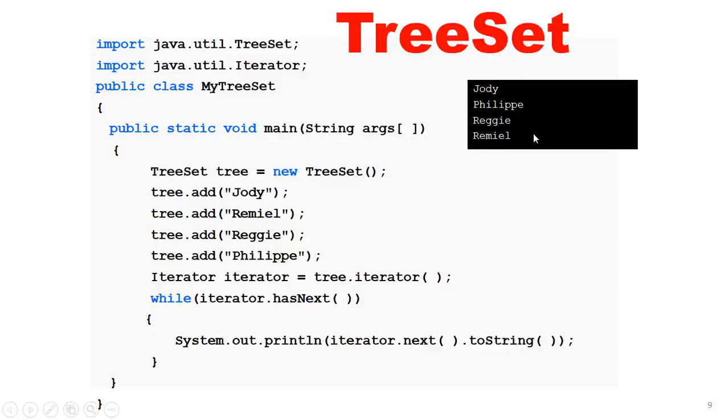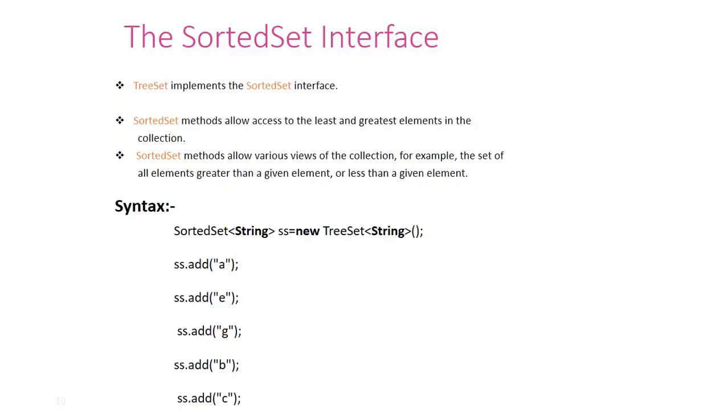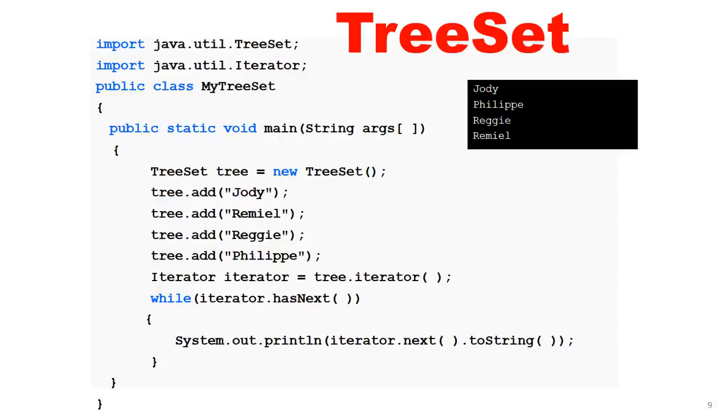See, what is the difference between HashSet and TreeSet in the order? TreeSet maintains the sequence in ascending order, but HashSet does not maintain its order. That is the main difference between HashSet and TreeSet. So this is the main difference.